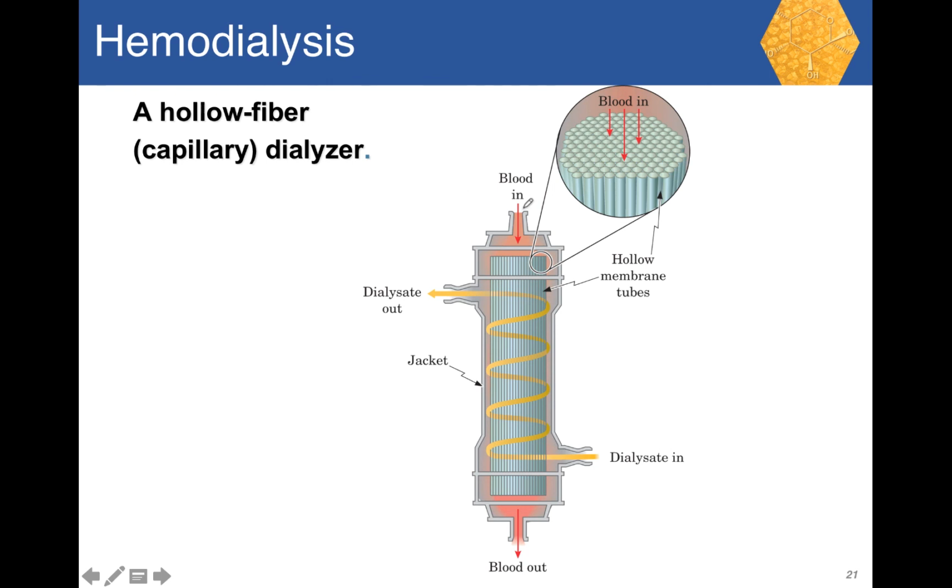And so what happens is that the blood is passed through a system here that has a filter or a semi-permeable membrane, and of course as it passes through, here's a solution in the equipment, and because of the difference in concentration, it allows the toxins in the blood to pass into this area. And of course, what comes out is the blood with less toxins. So this is a practical application of osmosis.